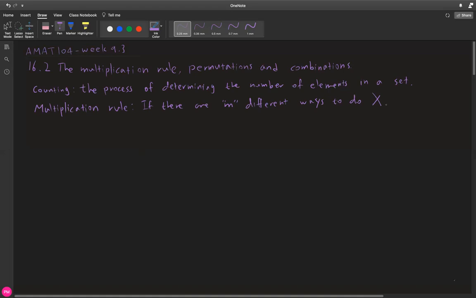X is an event, and n different ways to do y, then x and y together and in that order can be done in m multiplied by n different ways.